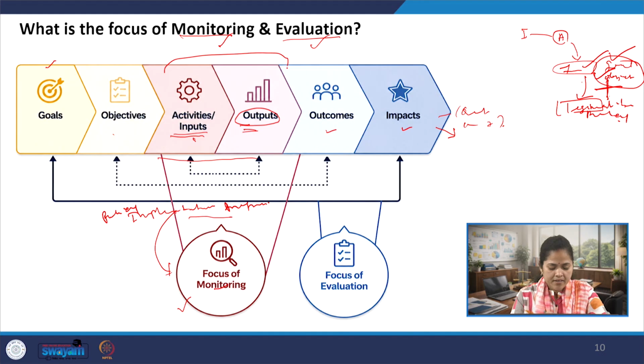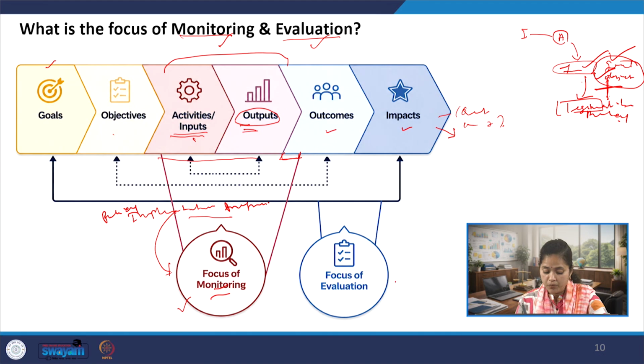As you can see, policy monitoring also spreads beyond the output, so it can also happen during the very initial phase of the outcomes. As a result, the major focus of policy monitoring is activities or inputs and also outputs, and we also take into account some period from the outcomes component.